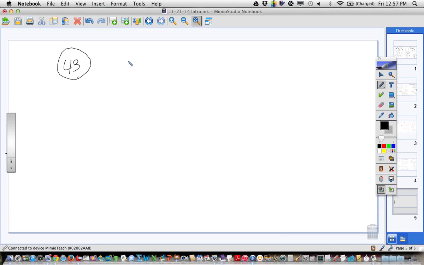Okay, so here we go. I would like everybody to turn to page 128, if you would. Turn to page 128. And there's a box there on page 128 that I want us to look at.